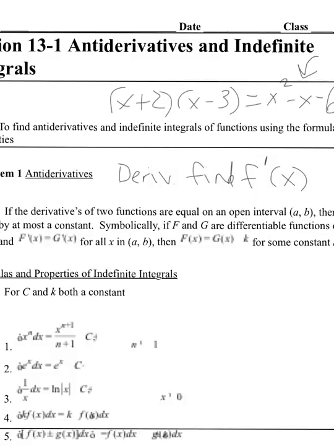That's what tells us to find the derivative. When we're going backwards, we're going to use a capital letter instead of a lowercase letter. All right? So we would start with a function that was actually the derivative, and to find the original, we'll be finding big F of x, okay?